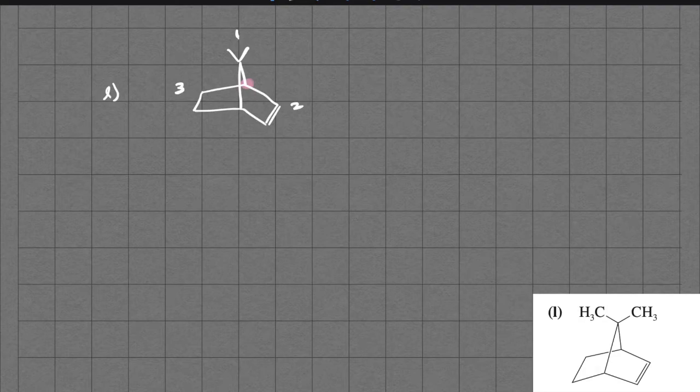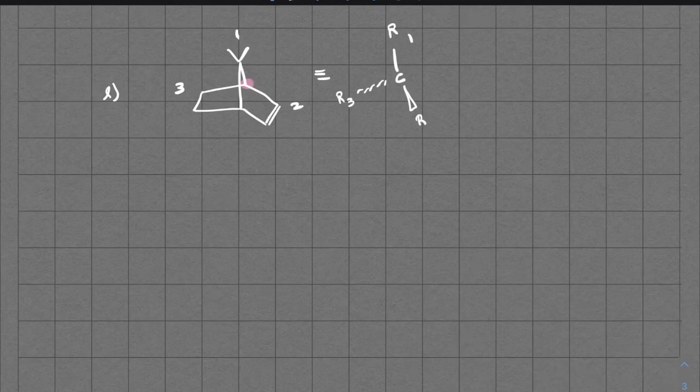So first, let's organize this. And this is going to be our configuration for the back carbon.